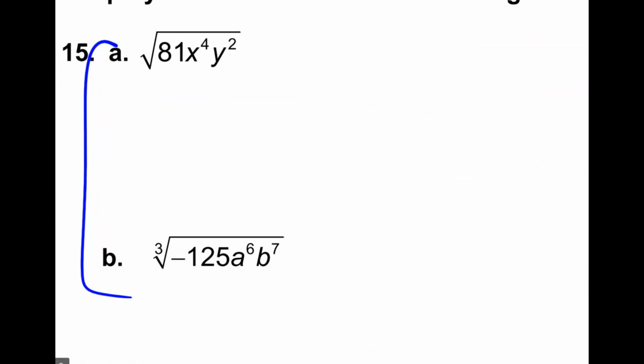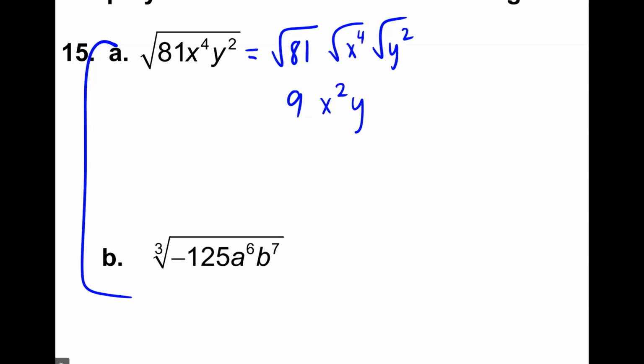So I'd like to do these because this is where a tricky trip comes into play. So I give you some problems just like this. So you write it out. So this is 9. This guy's just going to be x squared, and this is just going to be y.